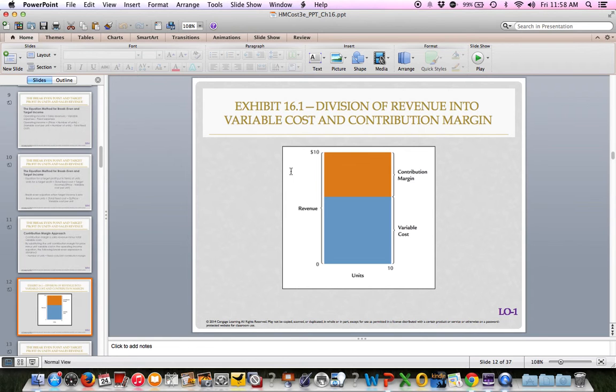That contribution margin contributes to paying for my fixed cost. If I know my total fixed cost, I can figure out how many units I have to sell to pay for it, and anything I sell beyond that is profit. So if I have to sell 10 units to cover my fixed cost, and I sell 11 units, I just made a bottom line of $4. That's what that means.